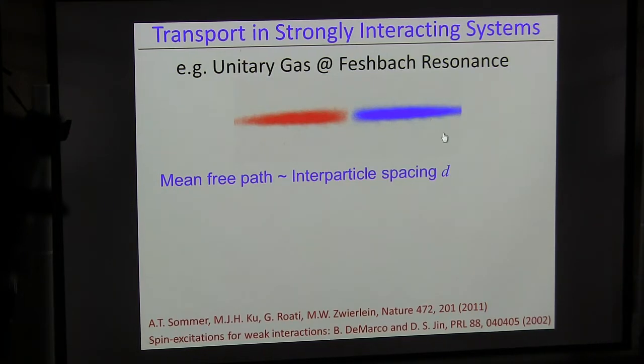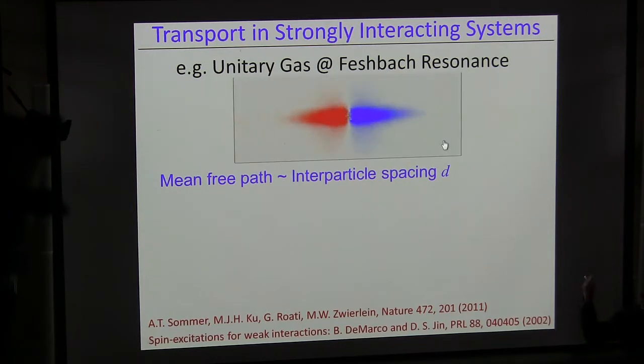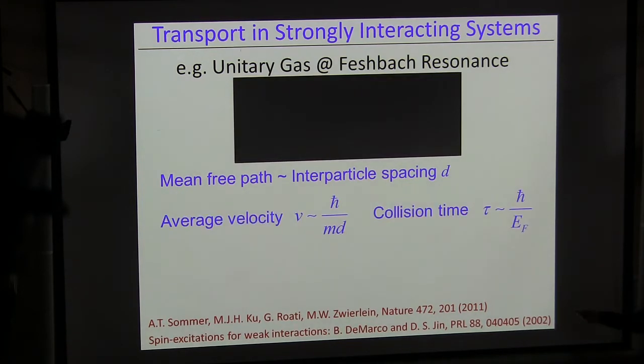Just to give you a gut feeling what might happen in these gases, if you take a strongly interacting Fermi gas, spin up and spin down, and you smash them into each other at the Feshbach resonance, they basically bounce off each other, so that's how strong the interactions are. The mean free path is as short as it can possibly be, one interparticle spacing, and that tells you that the average velocity is going to be, by quantum mechanics, given by h bar over m times the interparticle spacing.